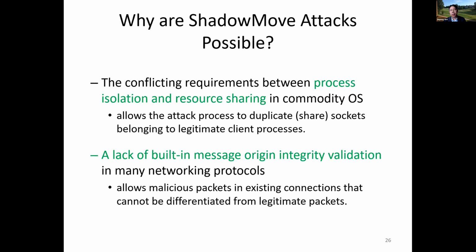Because in the ShadowMove case, the malicious process actually sends a malicious request packet, but inside the legitimate connection, right? So when this malicious request packet is received by the server, the server has no way to tell the difference between this maliciously constructed request packet and those benign legitimate request packets. So that's why the server will go ahead and actually act upon them.